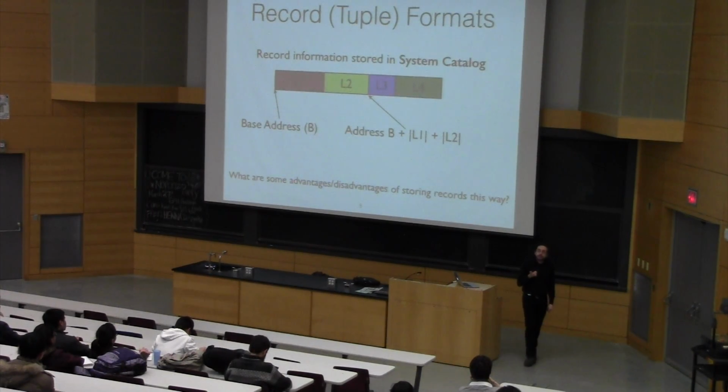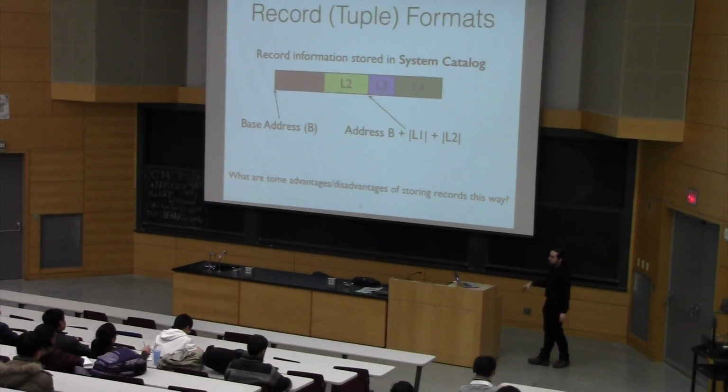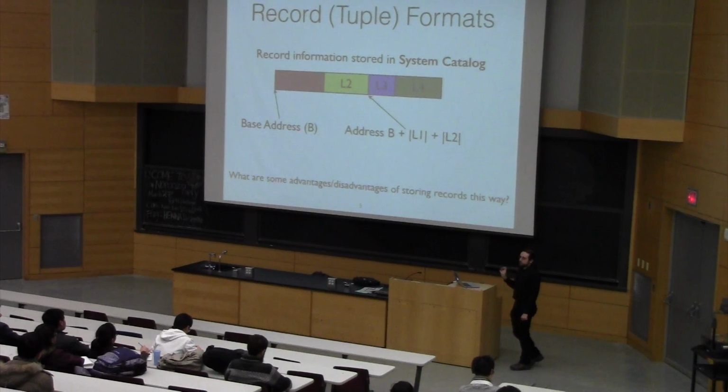The other potential disadvantage is that you actually now need metadata about the file. You need to store this information somewhere. It could be somewhere else in the file, it could be in a separate file, but now you need to store additional information about how this tuple or record is laid out.